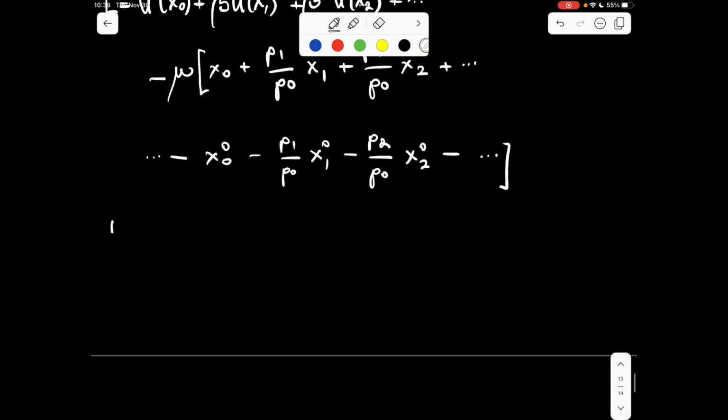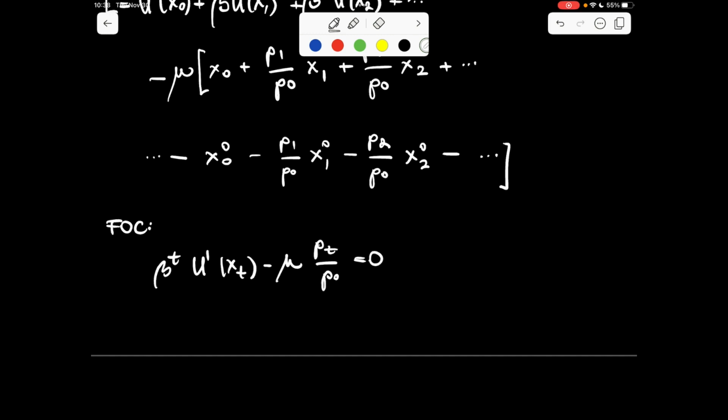So the first order condition is this equation.